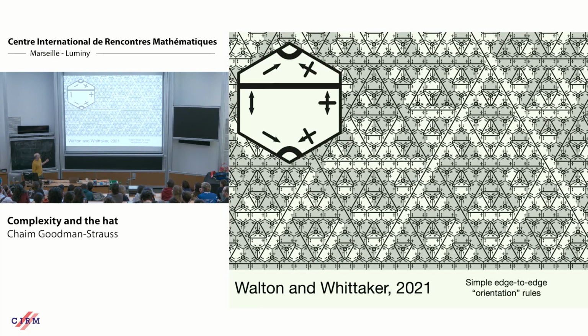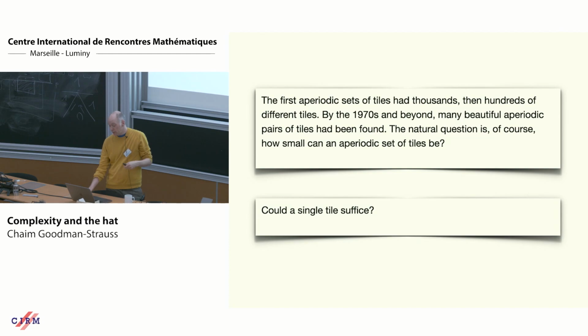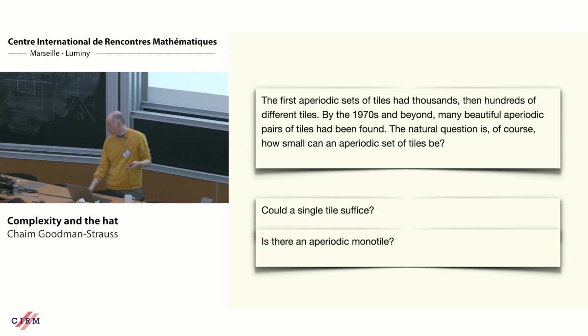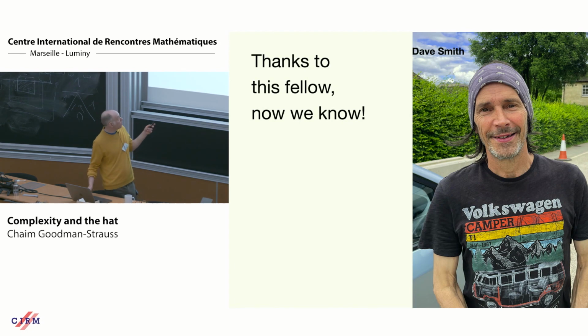The rules are a little complicated, involving the way that these arrows can interact with each other. So all of that's to say that definitions matter a lot if we're trying to get things down to one. And the question, of course, is, well, how far down can we get it? It's a little anticlimactic because you know the answer. And the answer is, there's Dave Smith.